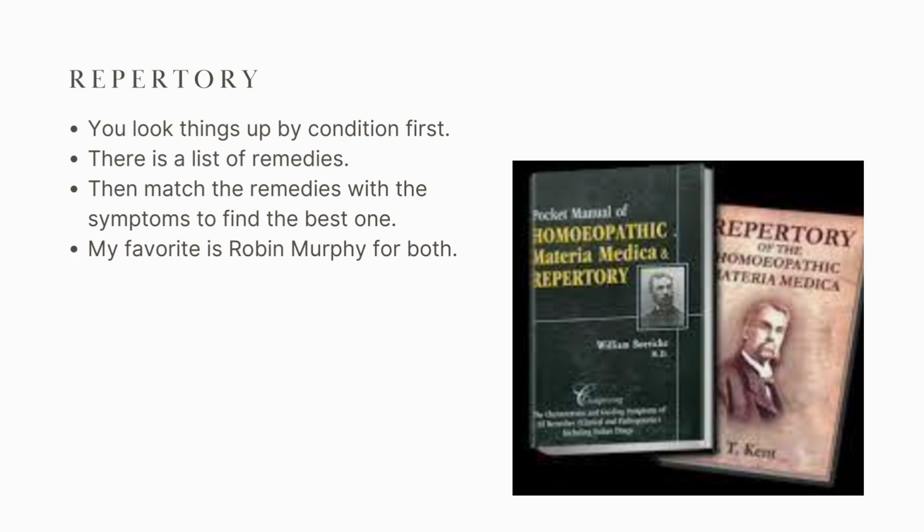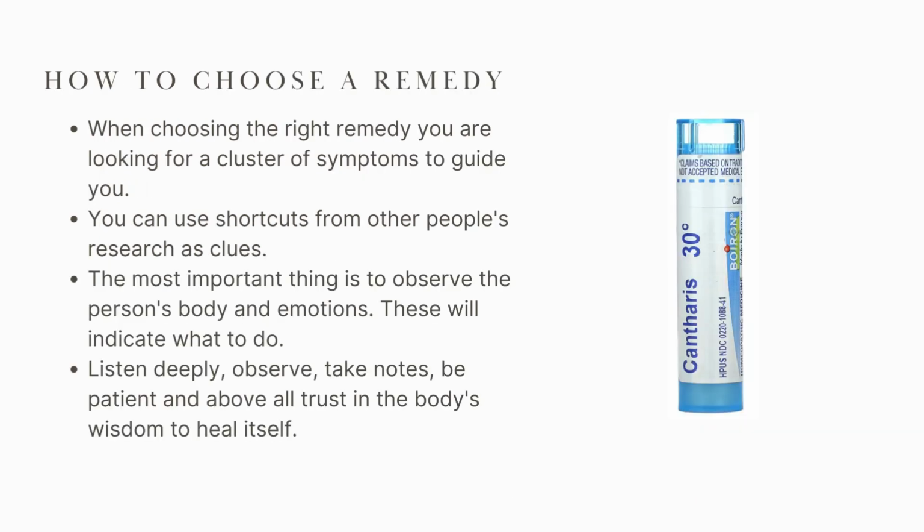For both of these, my favorite is Robin Murphy because he's a modern homeopath. He just passed away recently, and he really uses terms you're going to be more familiar with. But overall, how to choose a remedy, you're going to look for a cluster of symptoms to guide you. So when you read up on the remedies in the materia medica and the repertory, you're going to look for as many things as you can that match what you're seeing is going on.